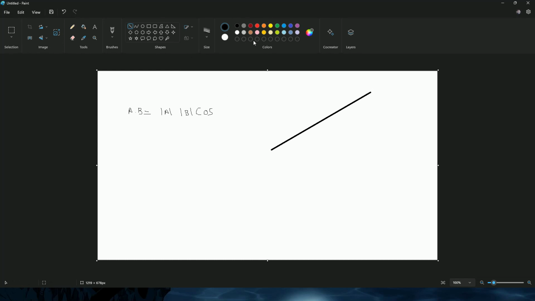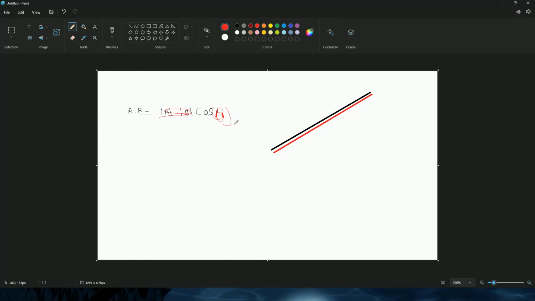I am drawing one more vector in another color. Let's imagine this is the same vector. If these two vectors are unit vectors, the magnitudes of A and B will be 1. In that case, cos theta will matter, because A dot B is AB cos theta, and since AB is 1, we can easily remove it. So only cos theta remains.